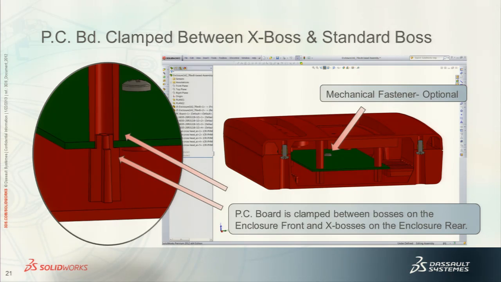I am not using any screws to mount that circuit board. I do have a mechanical fastener here just as an option, but the board is captivated between a boss that is molded on the front half of the enclosure, and here is another boss molded on the back half, and the board is just sandwiched between those 2 boss features.